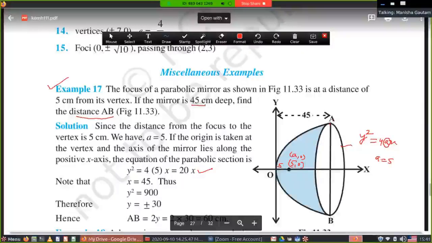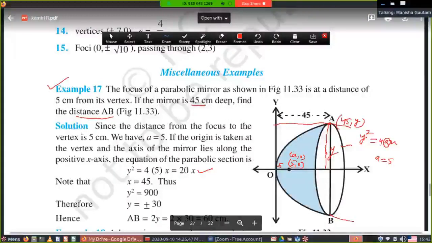It means for any point lying on this parabola, this distance is x and this distance is y. It means (45, y) is a point which is lying on this parabola.